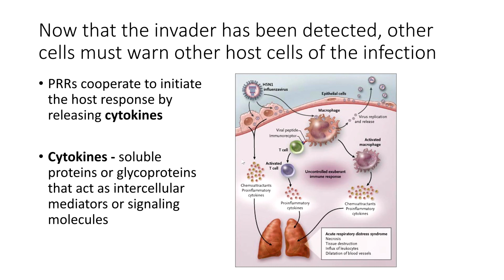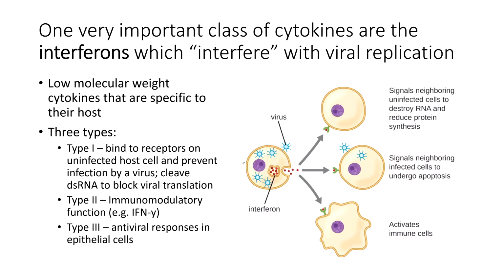Basically they can be secreted outside of the cell that's producing them to raise the alarm for other cells to respond. One very important class of these that's highlighted a lot are the interferons. These will actually directly interfere with viral replication, playing a huge role in the response to viral pathogens.